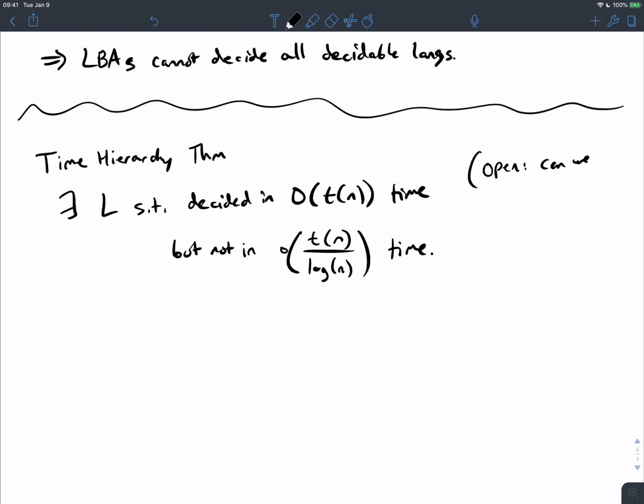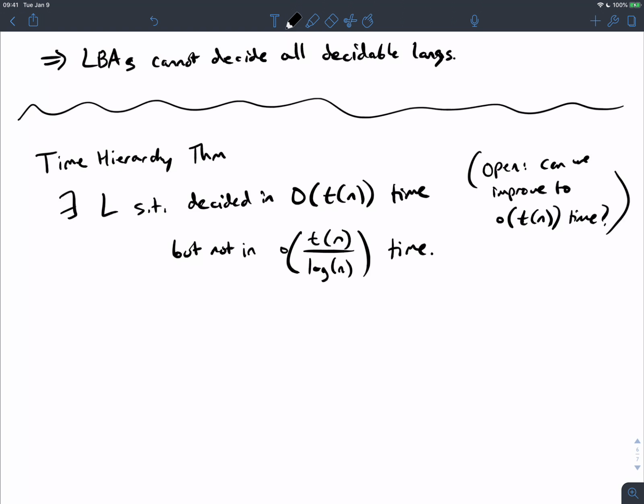Can we improve to little o of T of n time? No one knows the answer to that. It seems quite difficult because if you want to use this strategy, you need to compute the amount of transitions you're allowed to use, and that, of course, takes time. You can't do that in a constant amount of time, so you can't improve it using that method. Maybe there's some other way, but we don't know.